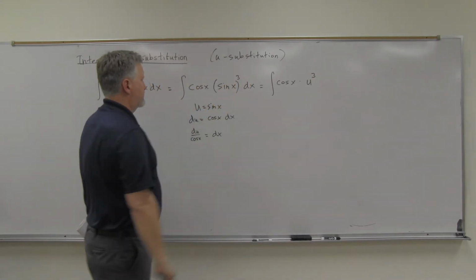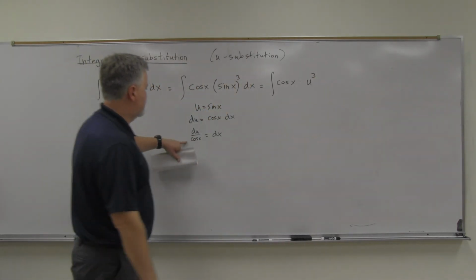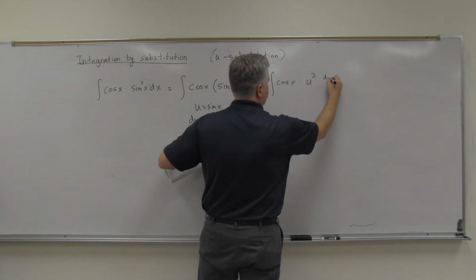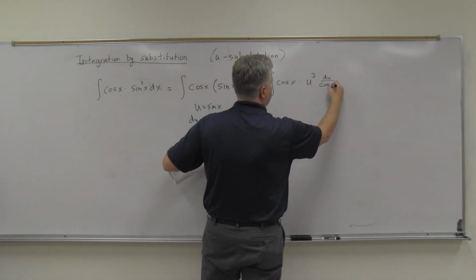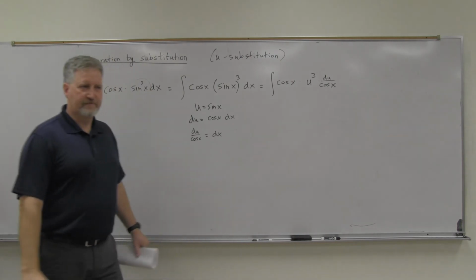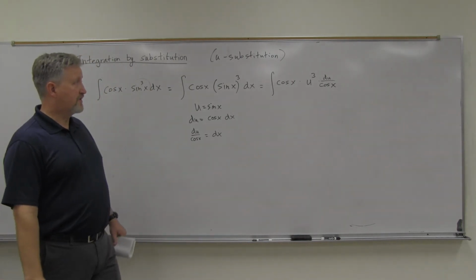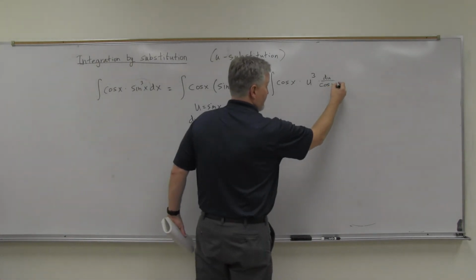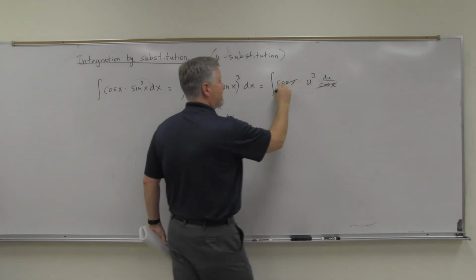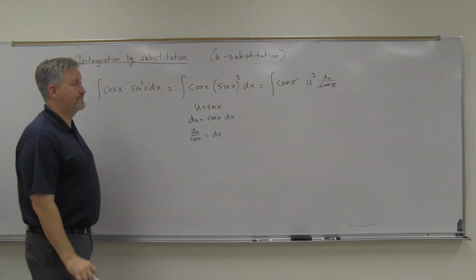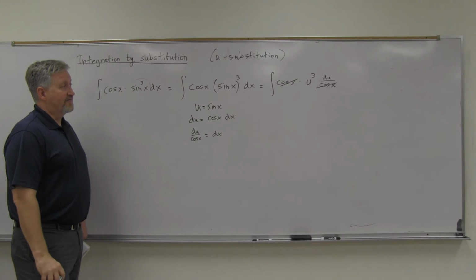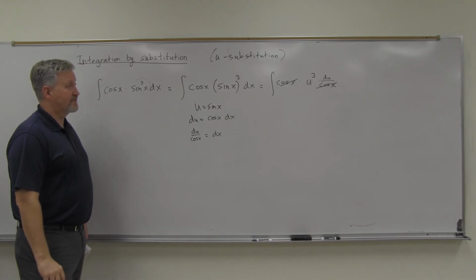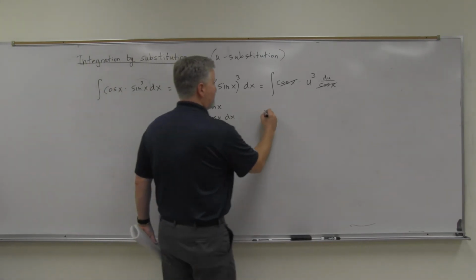So u is sine of x, so that would be u cubed, and dx is du over cosine of x. And so we're in good shape, because again, we like for this to cancel out like that. It does once again. So that's just u cubed du.